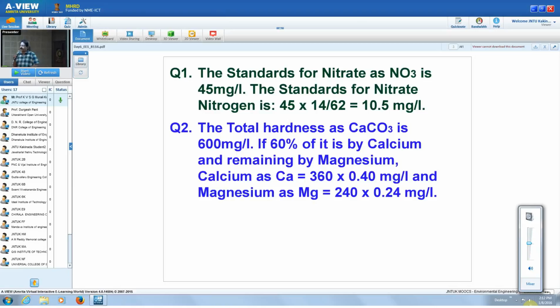Last time we have seen nitrate, for example, the concentration standard specified is 45 mg per liter as NO3. But many books which you must be following, or even the GATE examination, suddenly may ask what is the standard of nitrate as nitrogen. You should be in a position to convert those things. These small things make a very big difference when it comes to competitive examinations.